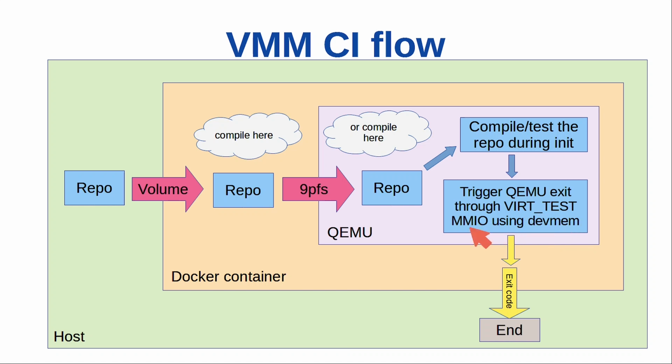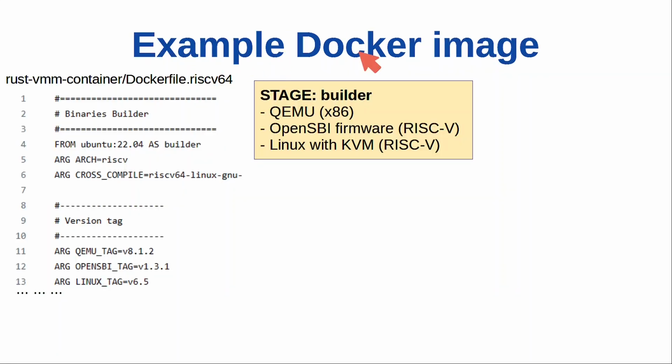Using this virt-test MMIO, we can have a custom exit code. So the QEMU exits with the custom code back to the container and then the container back into the host, which completes our VMM CI.